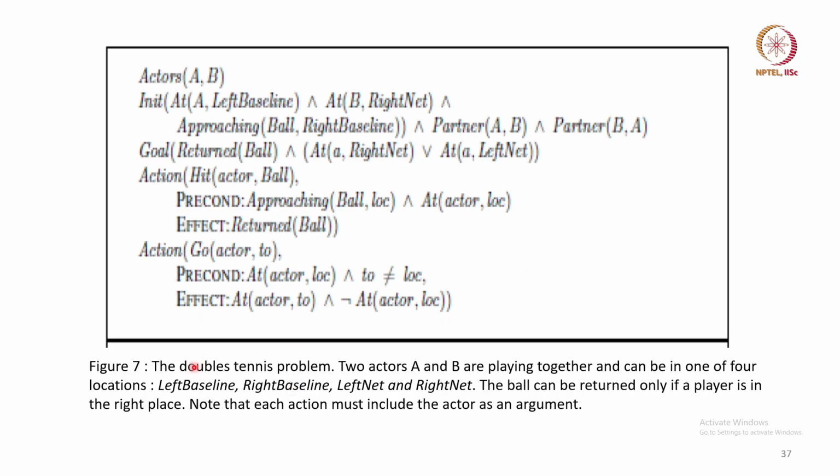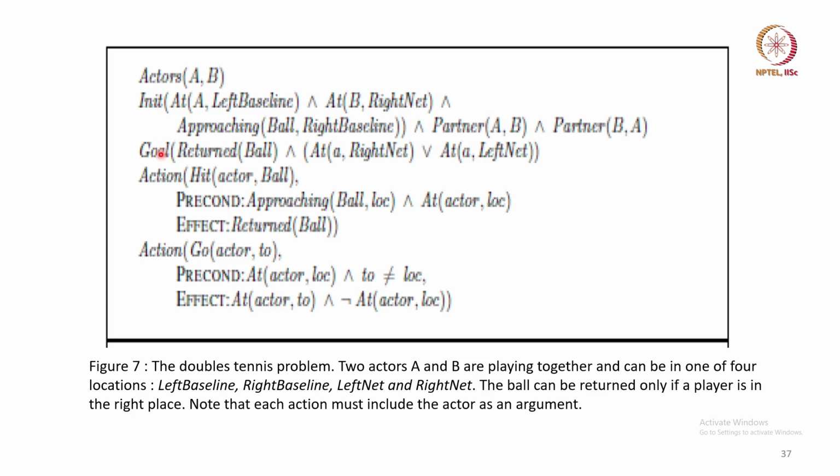Here we have a planner which is given for multi-agent planning. When you say actors, it means that we are talking about agents. So you have two agents, A and B, which are used over here. This gives you the initial state. A is at the left baseline, B is at the right net, etc. Partner AB and partner BA, so obviously they are playing with each other on the same side.